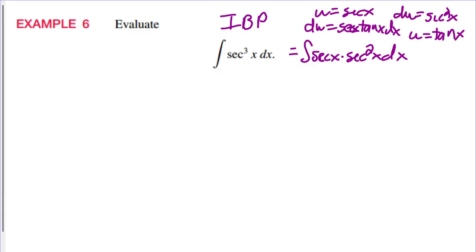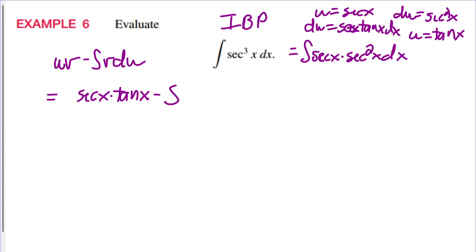Then v, when we integrate, turns back into tangent of x. Now we're set up for integration by parts, which recall is u times v minus the integral of v du. So u times v gives us secant of x times tangent of x minus the integral of v times du, where v is tangent of x and du is secant of x times tangent of x dx.